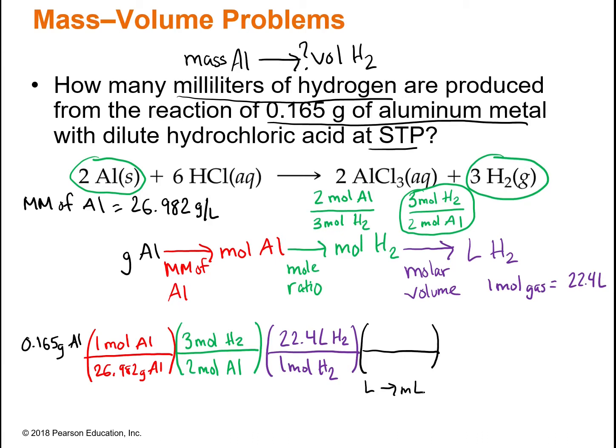You won't have to do that for every single question. But since that's what the units are for the question in this case, that's what we should do. So that's a throwback to chapter 2. There are 1,000 milliliters in 1 liter.